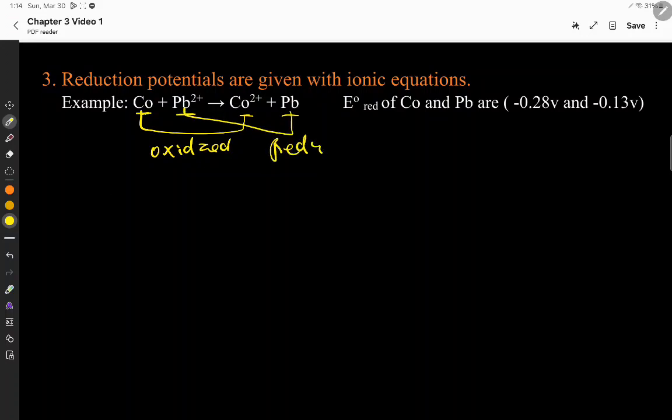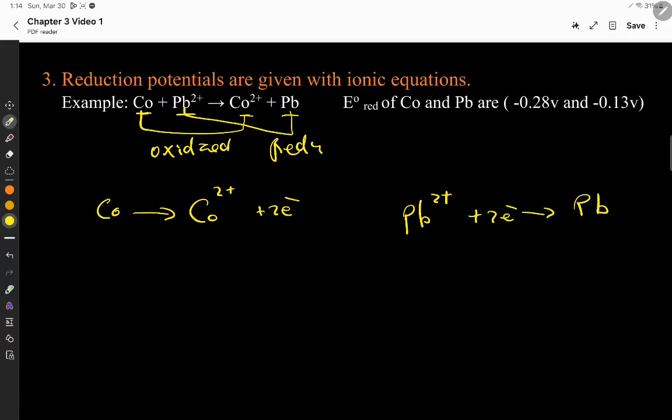If it asks what the reaction at the anode is, it is cobalt to cobalt positive plus 2 electrons. At the cathode, lead positive plus 2 electrons goes to lead. If it asks for the cell diagram notation: cobalt, cobalt positive, lead positive, lead, that is it.